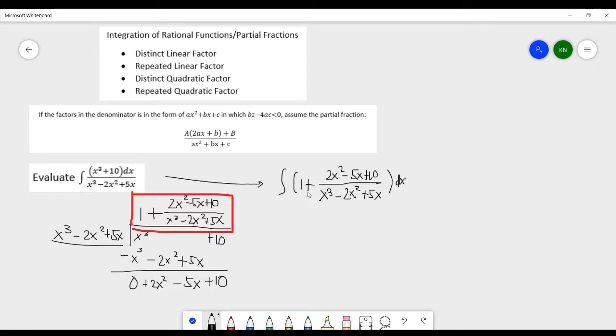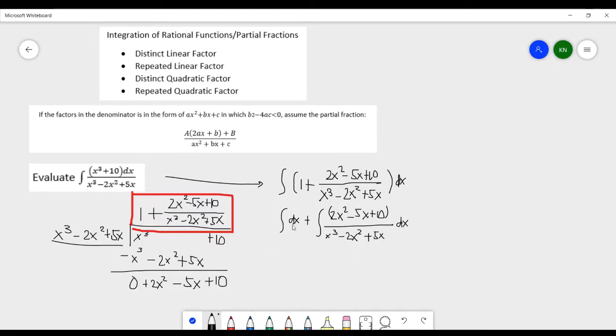As you can see, these are separated with an operation in between, so we can integrate them separately. We have the integral of dx plus the integral of (2x squared minus 5x plus 10) over (x cubed minus 2x squared plus 5x) dx.